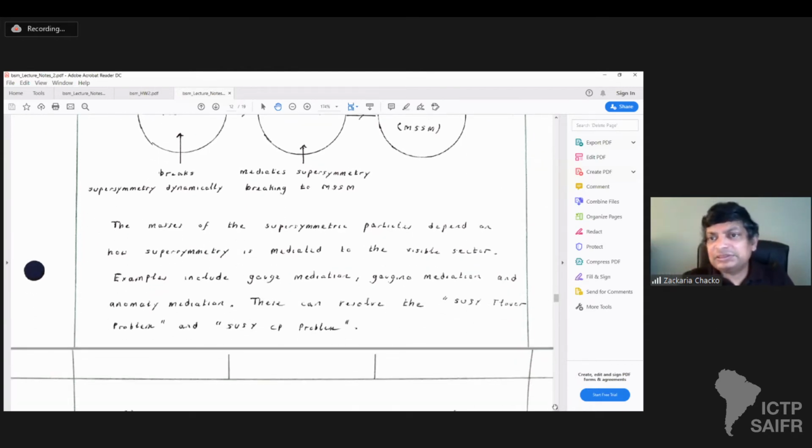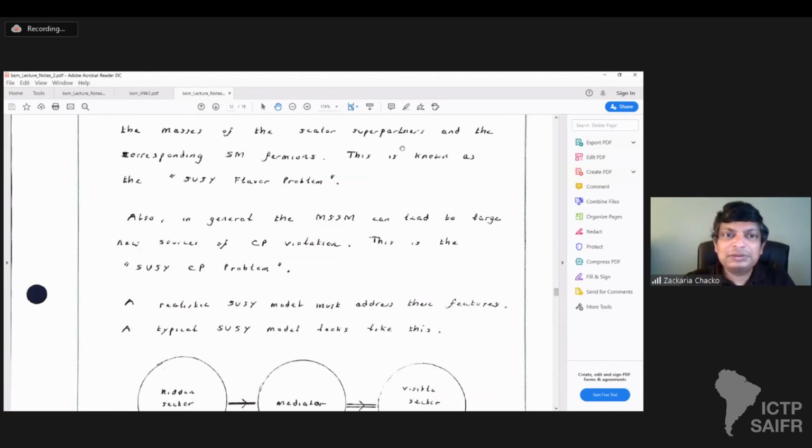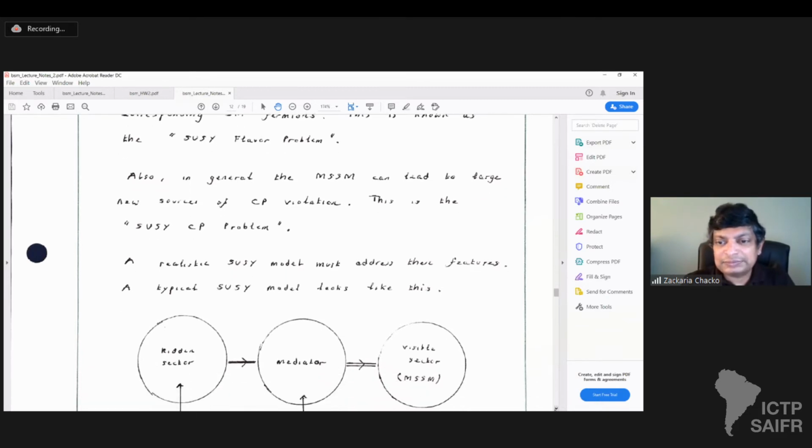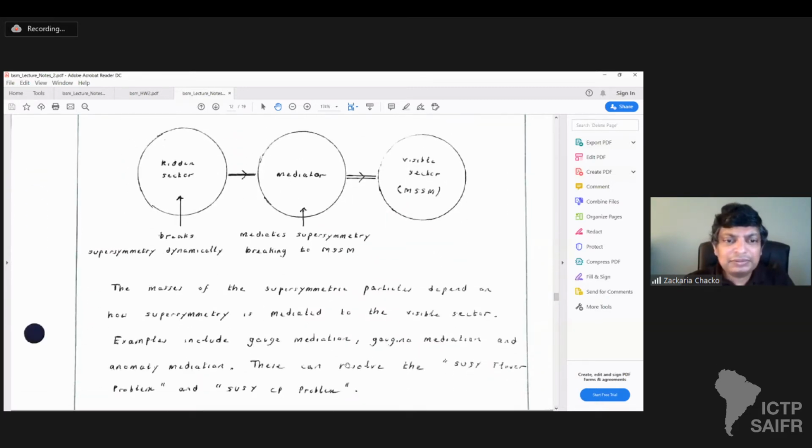And the key thing is it has to be done in a way that solves the SUSY flavor problem and solves the SUSY CP problem. And these are serious problems. There are not that many ways known to do it. There are maybe 5 or 6 ways that actually work in detail. Examples are things called gauge mediation, gaugino mediation, anomaly mediation.